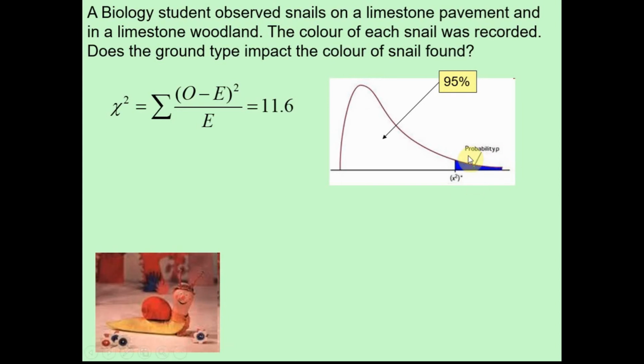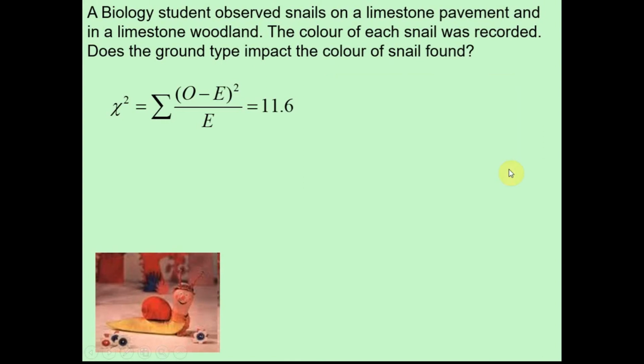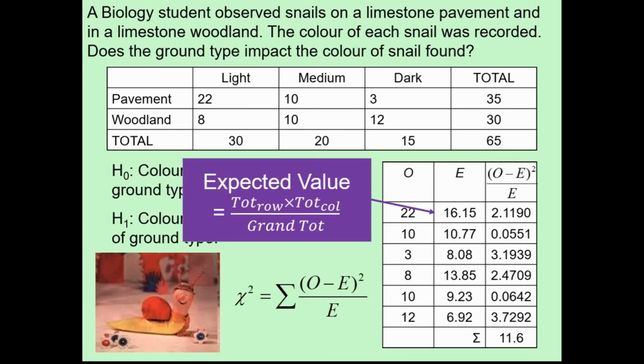We know that we need the degrees of freedom, and the degrees of freedom, if you remember from the goodness of fit tests, is thinking about how many observed values can vary. So here we've got 6 values, but if we knew that this total was 35, then once these two were in place, this one would be set in stone.